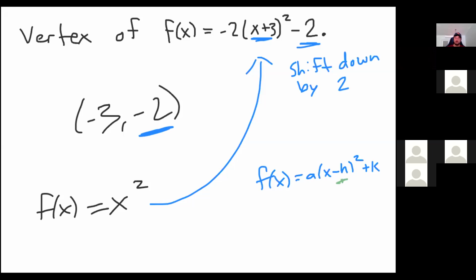Or if you remember it from your shifts, since I'm adding a 3, this indicates a shift to the left 3 units. And if I shift this thing to the left 3 units, that means I go from the x-coordinate being 0 to the x-coordinate being -3. Just 2 ways to generate those 2 values.